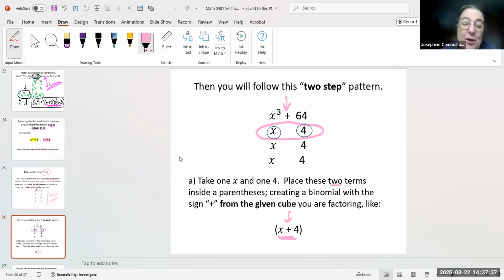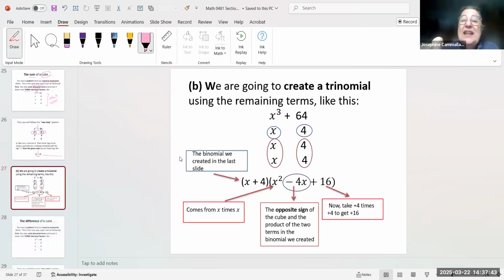That's the start. Now, it's what comes next. This is where we create a trinomial. And remember, tri means 3. So a cube is a binomial times a trinomial.